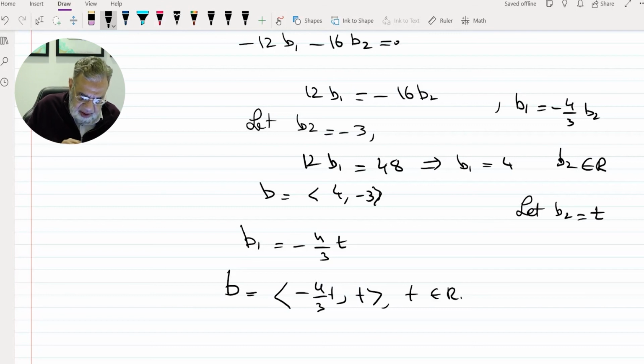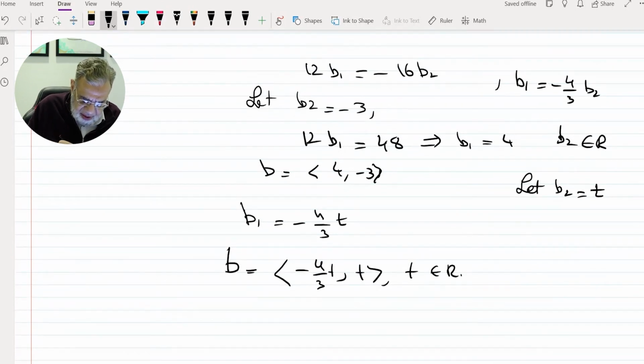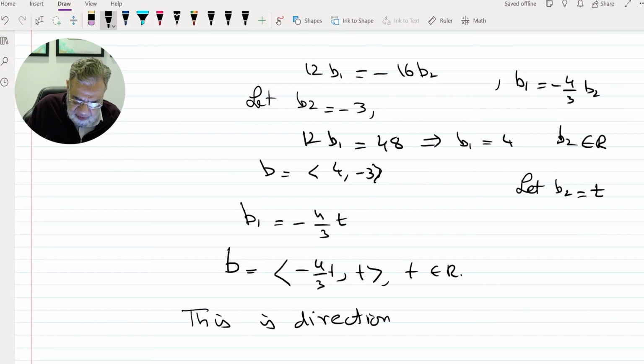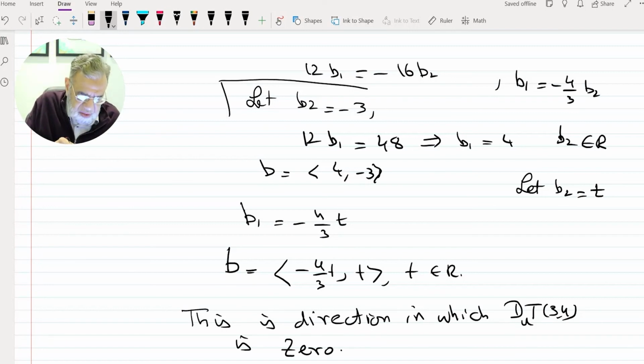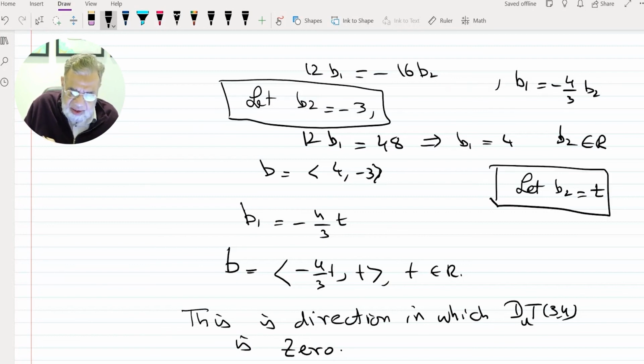This is the direction in which the directional derivative of the function at the point (3, 4) is 0. We can just take a particular case, such as t equal to minus 3, or we can take the general case, b2 equal to t, and find the value of b1. So this is the idea in this problem.